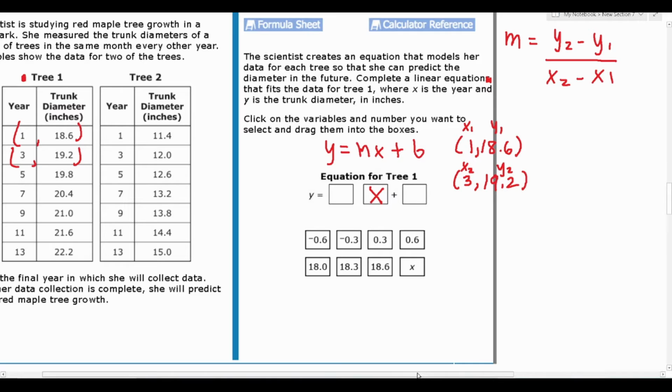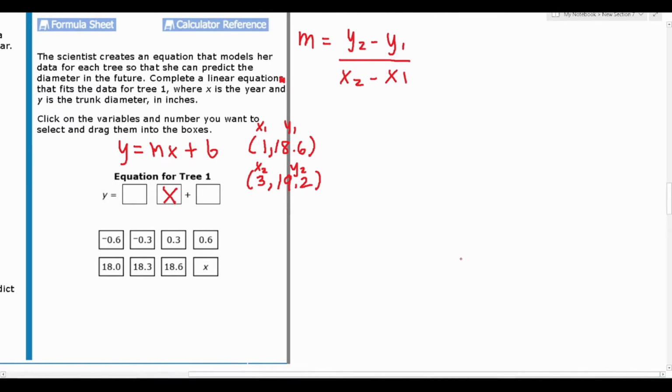All right, now it's just a matter of plugging these values into the slope equation accordingly. Again, y2 is right here. It's 19.2.